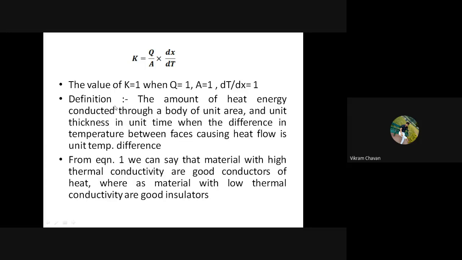So how can one define this thermal conductivity?